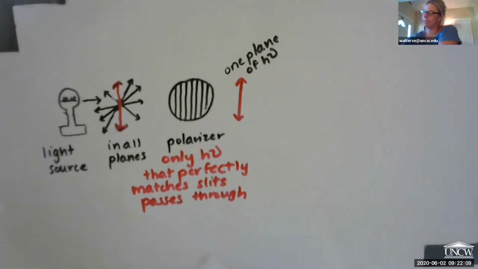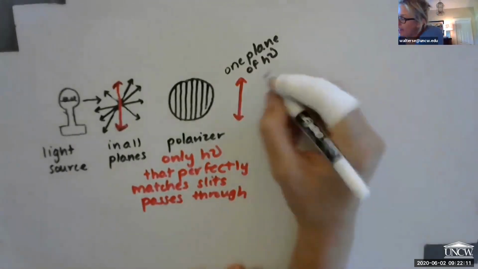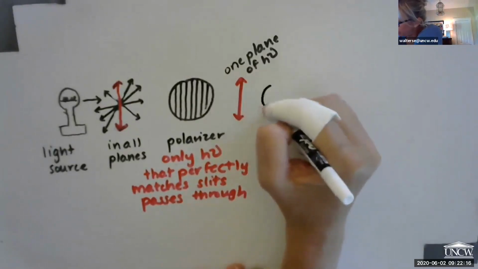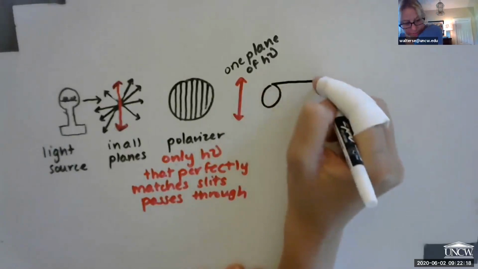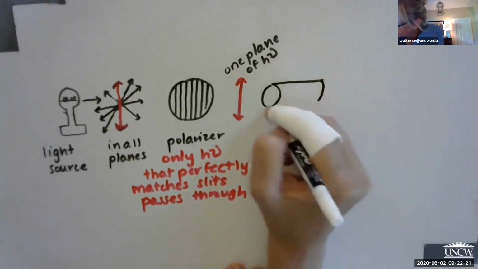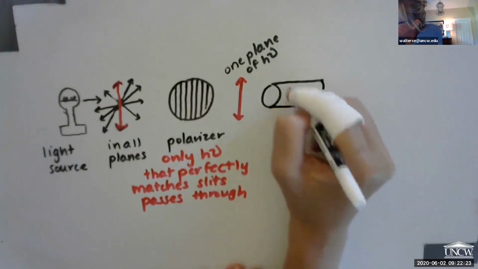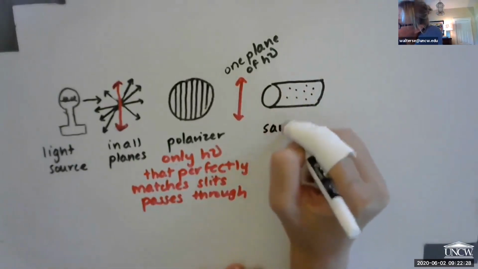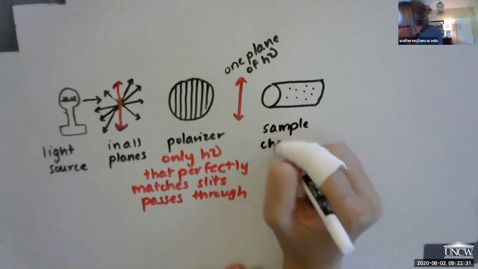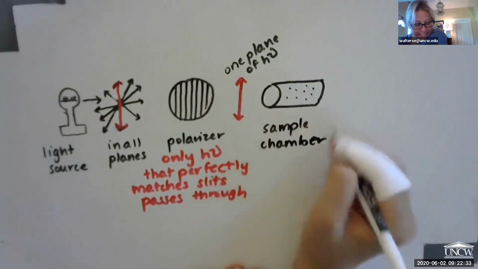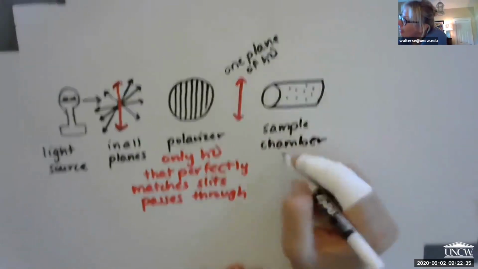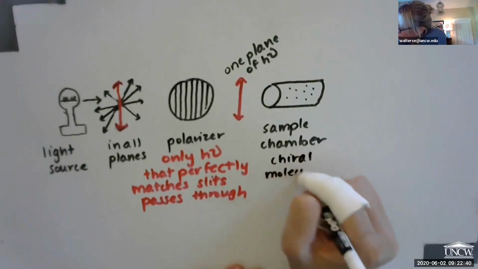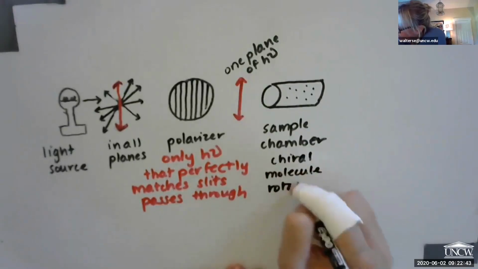So then what happens is this plane of light enters the sample chamber, and the sample chamber is like a tube. The dots are the molecules. And it's in that sample chamber that the chiral molecule rotates the light.